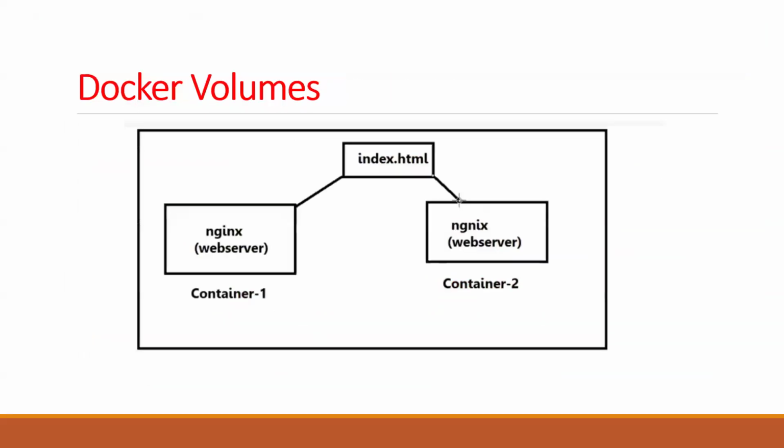You see, Docker volume, something like container one and container two. We'll create the index.html in the host machine, the EC2 instance. If this container is deleted, the index.html will not be deleted, right? Because the index.html is not in this container. You created it in the Docker volumes, right?